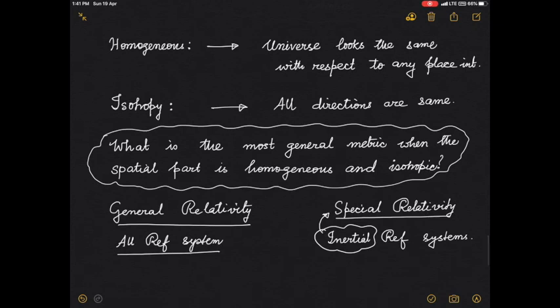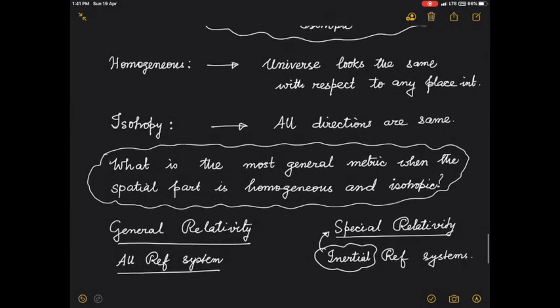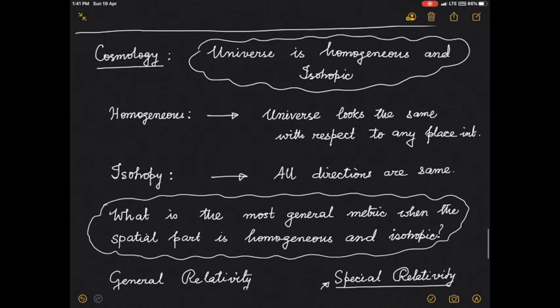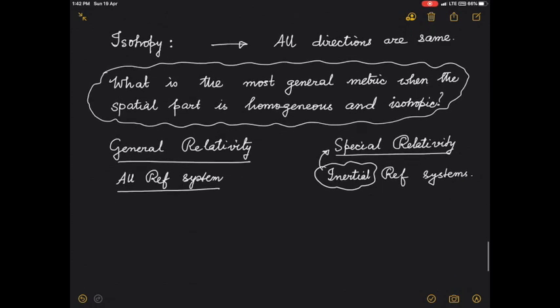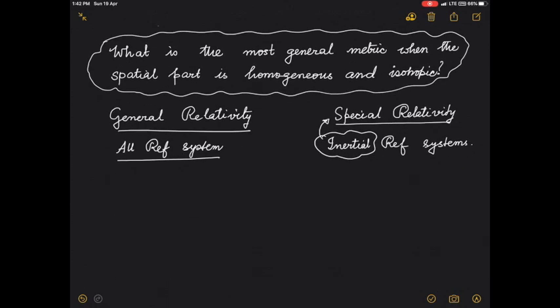And if I have a universe which looks the same with respect to any place in it, and looks the same if you look at all directions, which is the universe is homogeneous and isotropic, then I can ask the question, what will be the most general form of this metric?